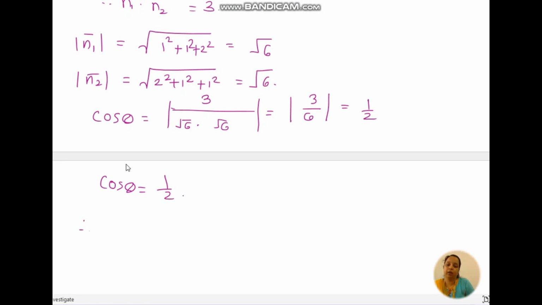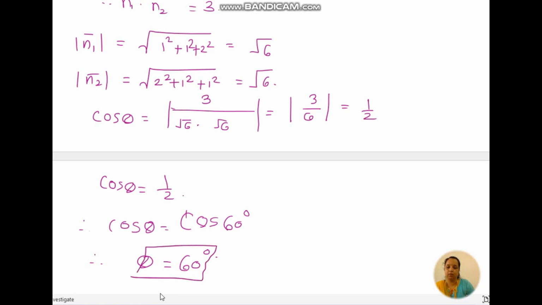We know that cos of 60 degrees is equal to 1 upon 2. Therefore, cos theta is equal to cos of 60 degrees. Therefore, theta is equal to 60 degrees. Therefore, the angle between the given two planes is 60 degrees. Hence the solution.